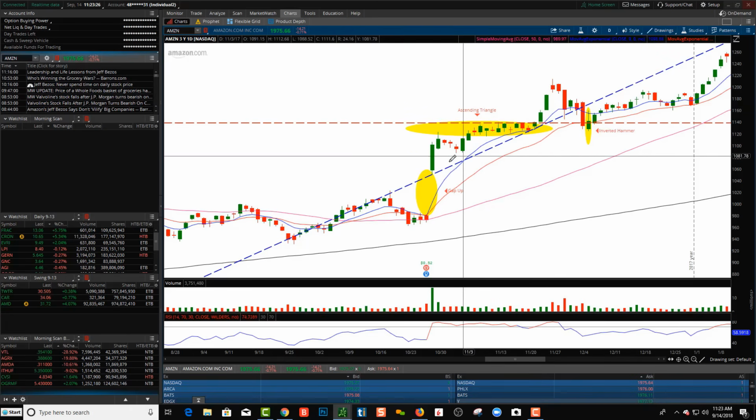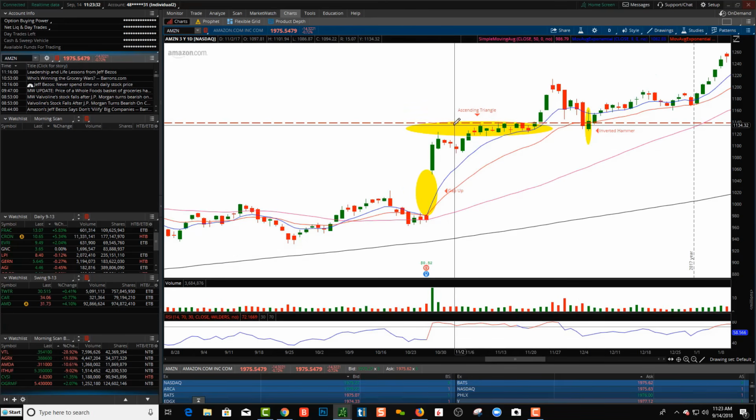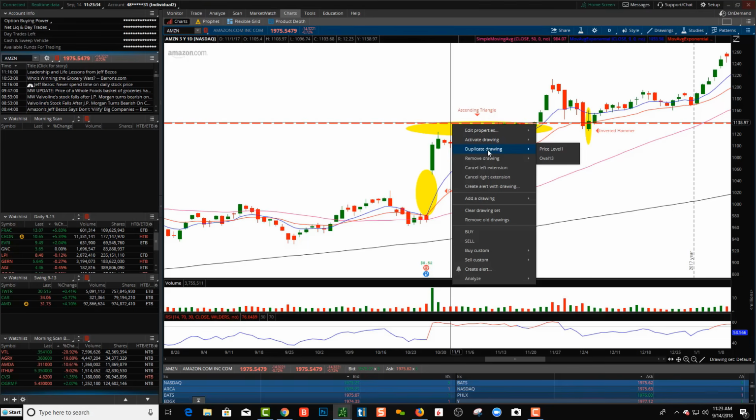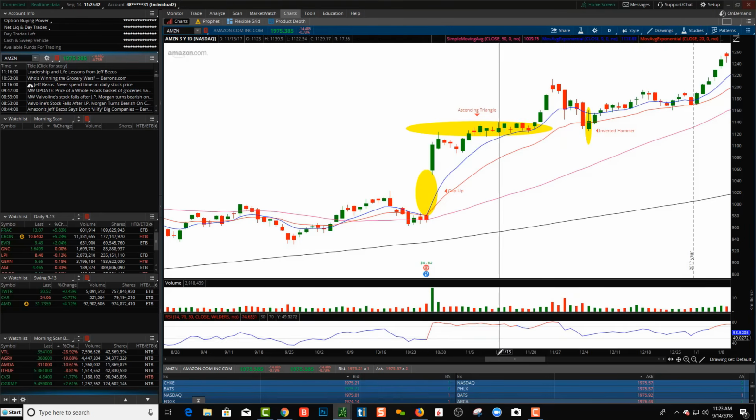Now you can see basically an ascending triangle, right? Again, we teach you how to trade these patterns in our ebook, and if you become a member, we have videos on how to do that. So that's an ascending triangle.